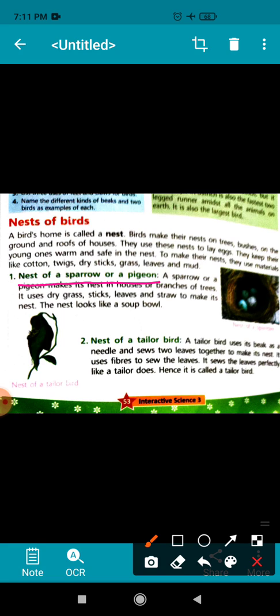Children, a sparrow or pigeon makes its nest in houses, buildings or branches of trees.